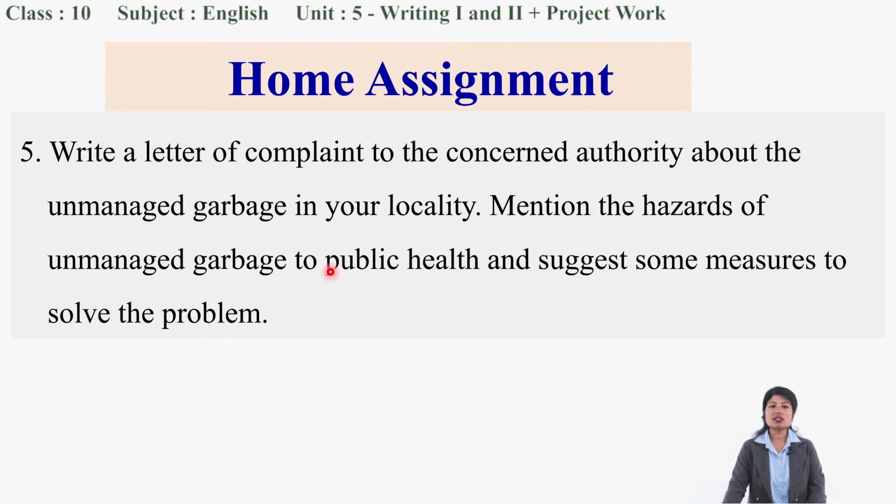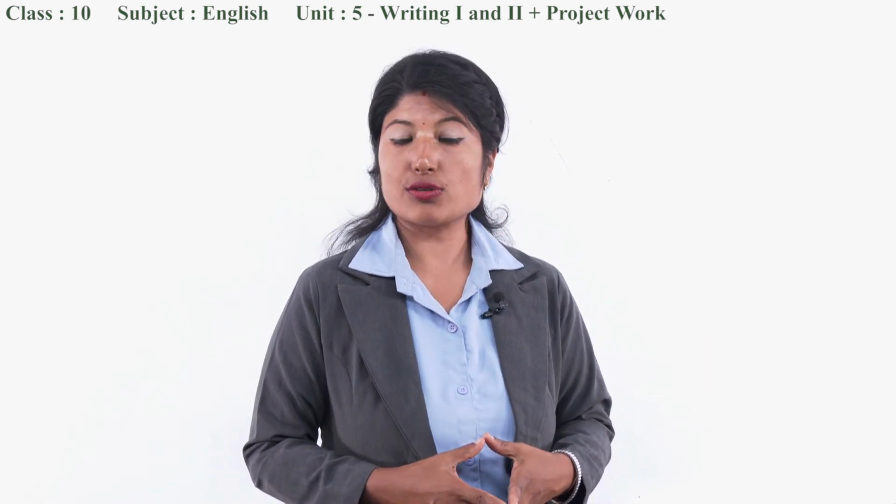Mention the hazards of unmanaged garbage to public health and suggest some measures to solve the problem. Alright, this is also a letter to the editor. You're writing a letter to the editor just as the example given in your textbook about scarcity of water. Here you will write about unmanaged garbage.